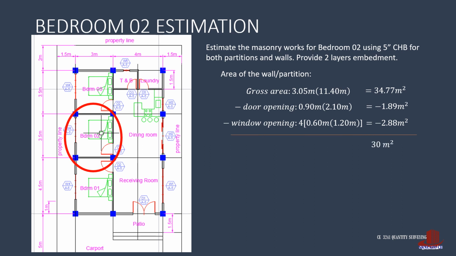Now compute for the net area, which is taken from 34.77 minus 1.89 minus 2.88, giving 30 square meters. So the number of CHB is computed as 12.5 blocks per square meter times 30 square meters, resulting to 375 pieces.